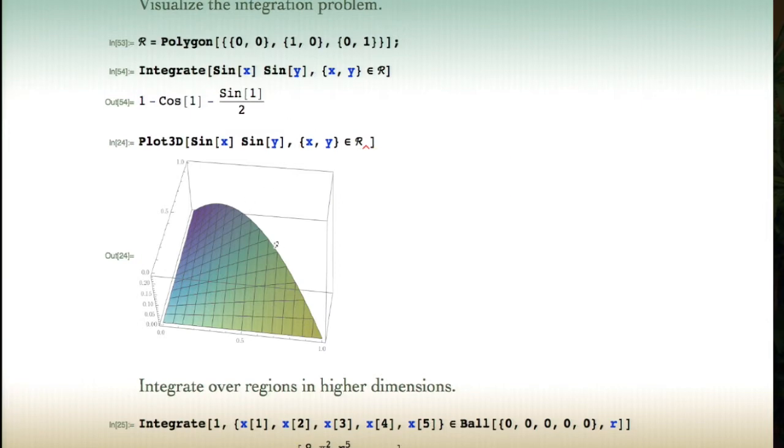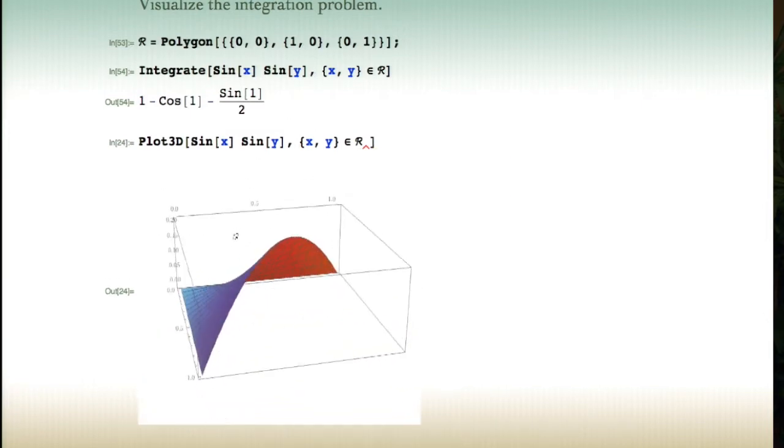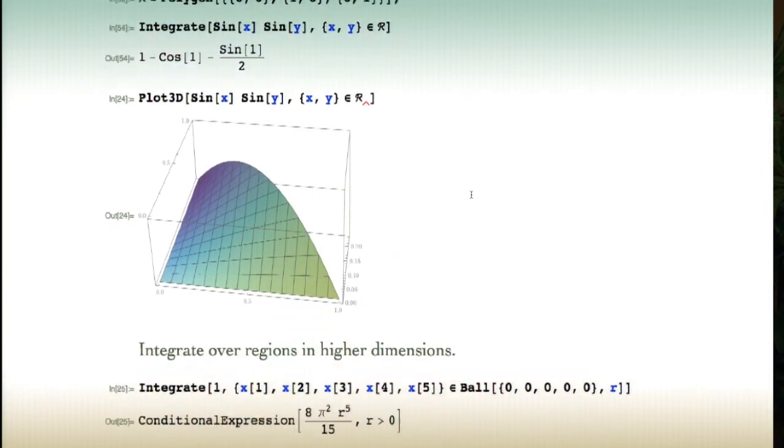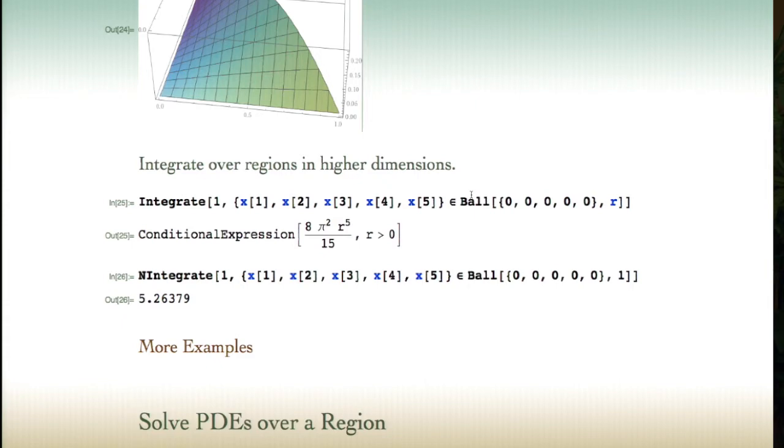So this is in fact the function I want to integrate over that region. For symbolic regions, we can work in any number of dimensions. So here is, for instance, a five-dimensional ball. And you can see that we can integrate. I mean, it doesn't have to be... that could be anything.